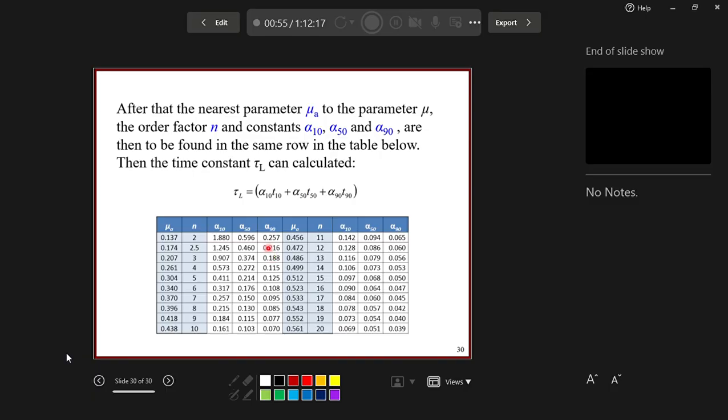The tau L, as we said, is alpha 10 times T10 plus alpha 50 times T50 plus alpha 90 times T90. We have the values of all these, the times and the alphas, so we can calculate the value of the tau. So this is a very simple method, but you still need to have this table in front of you in order to use it, and you can approximate any higher order.